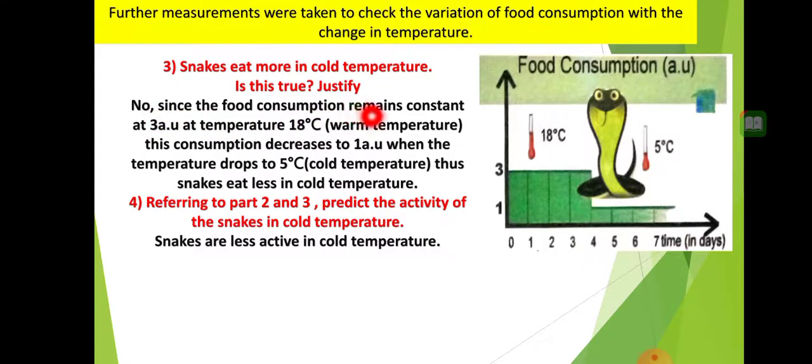Since the food consumption remains constant at 3 at 18 degrees Celsius, in warm temperature, this consumption decreases to 1 when the temperature drops to 5 degrees Celsius, in the cold temperature. Thus snakes eat less in cold temperature.